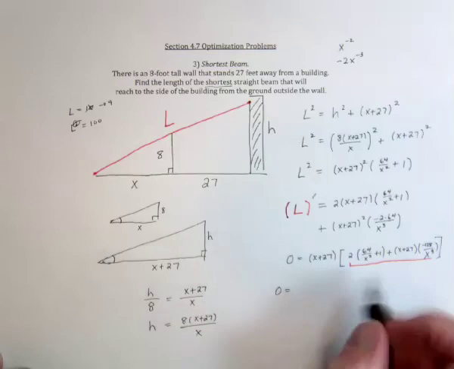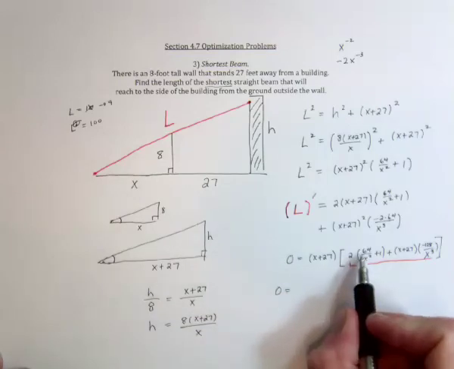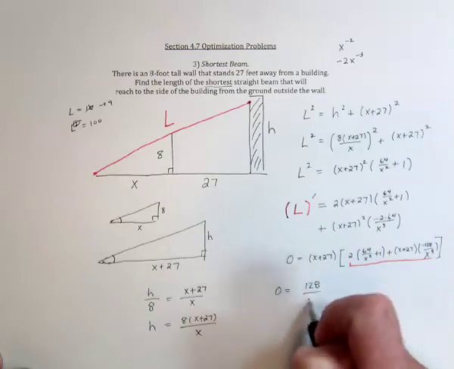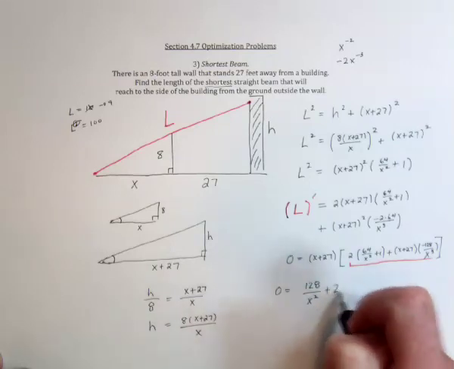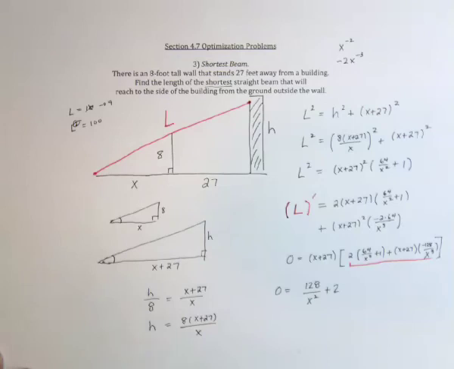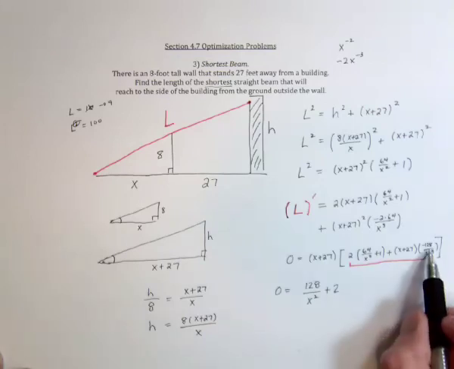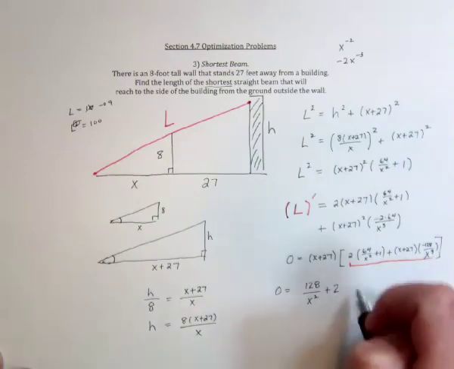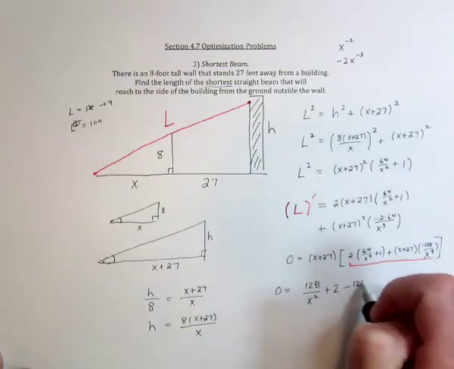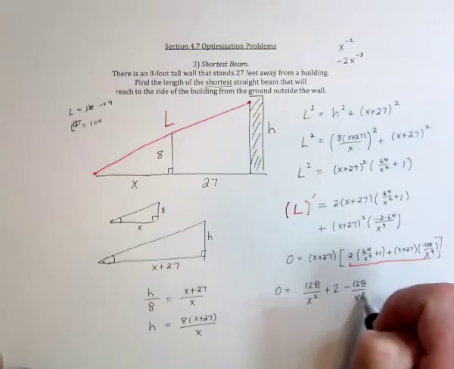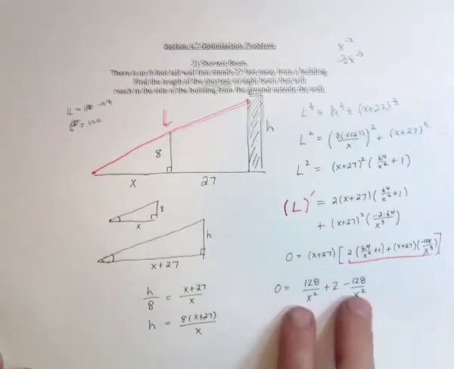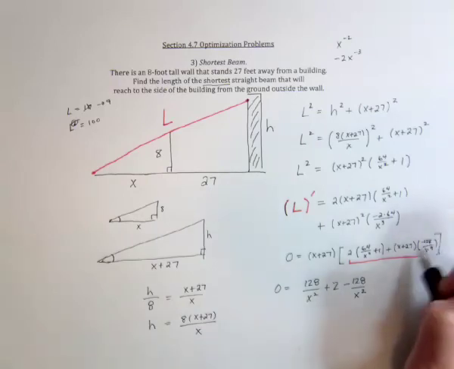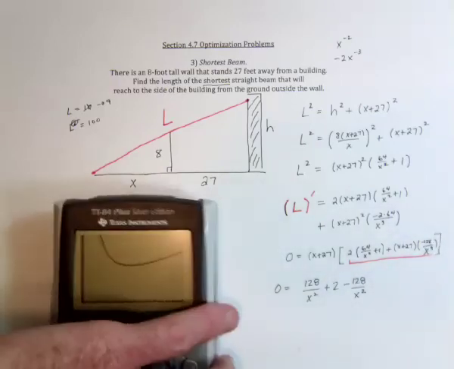So we'd have 0 equals 128 over x, 128 over x squared plus 2. And then this I should distribute, so negative 128 times an x, but over x cubed. So that reduces to be a negative 128 over x squared. That's a strange coincidence. And then a negative 128 times a 27.